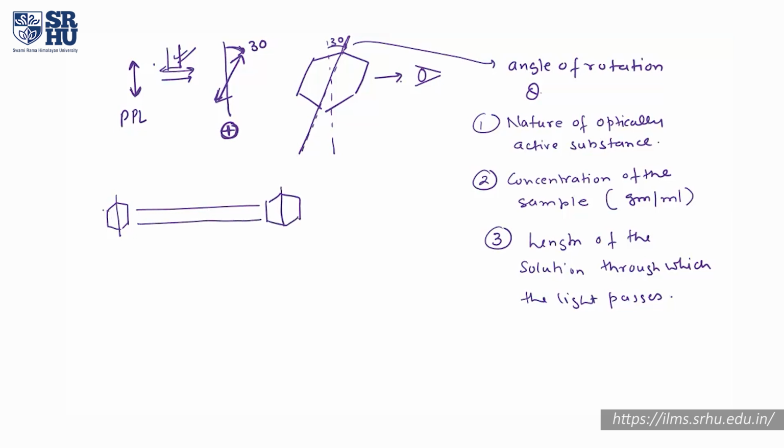There is a tube in which you keep your sample solution in the polarimeter, so the length of this tube has great importance. The length is represented by L and its unit is decimeter. When the length changes, it will also change the angle of rotation. So the third factor is again very important. It is the length of the solution, or simply the path length.